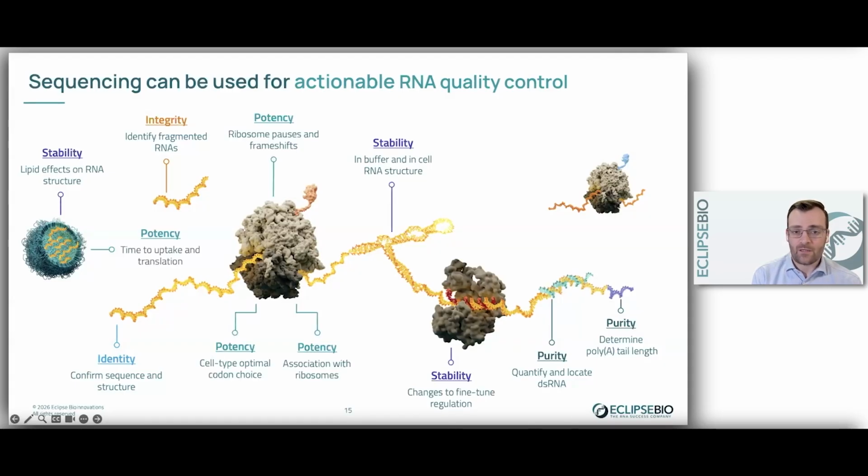Multiple aspects of potency, from is the drug product actually being taken up into the cell? Is it releasing? Are there potential issues with translation? And more unbiased approaches to looking at how the cell is actually responding, and the potential safety risks across the entire transcriptome and the entire translatome. And while sequencing can be applied across multiple of these critical quality attributes, for today I'm going to focus specifically on how at Eclipse Bio we use Oxford Nanopore sequencing technology to examine key aspects of identity, purity, and stability.